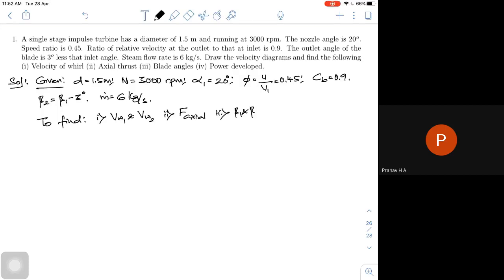If I find one blade angle, the other is 3 degrees less. If I find beta 1, then beta 2 will be beta 1 minus 3, so it is easy for me. So one of the blade angles I need to find, and the fourth one is the power developed.